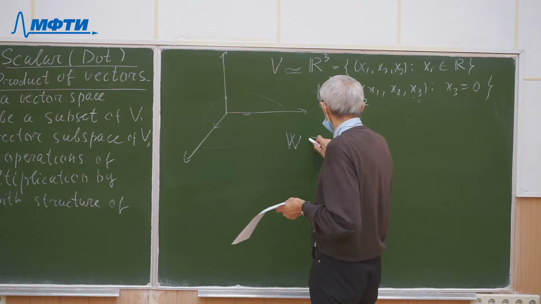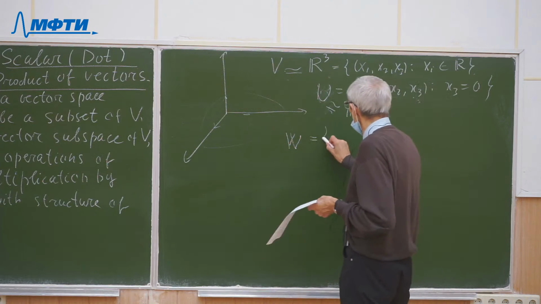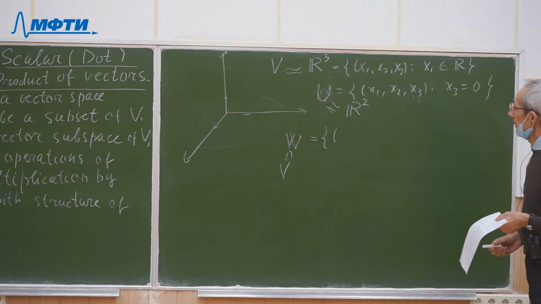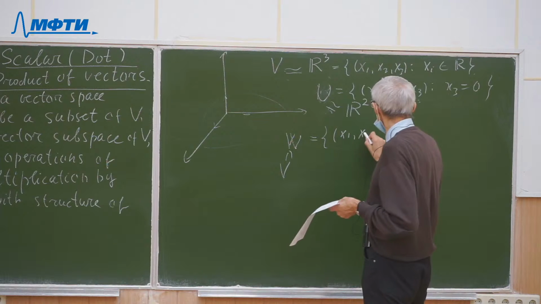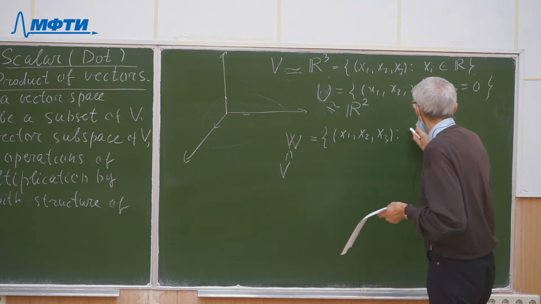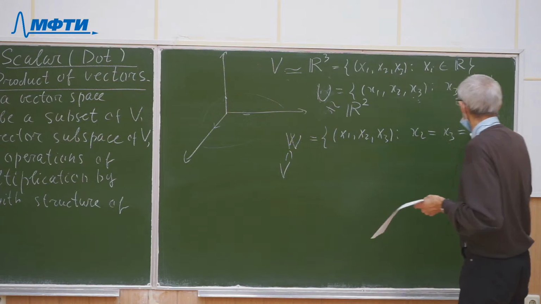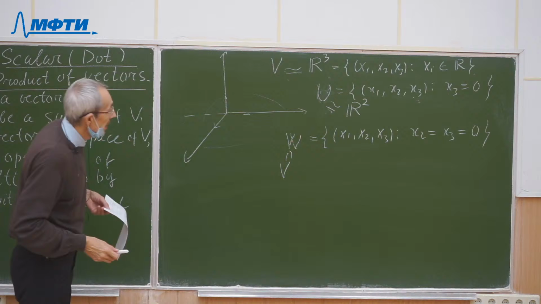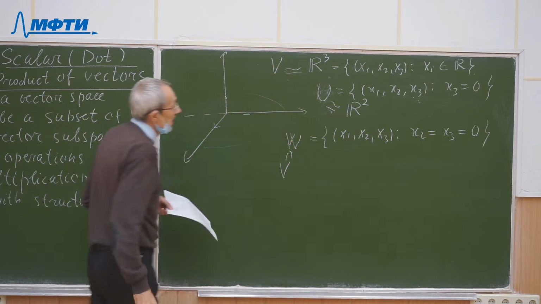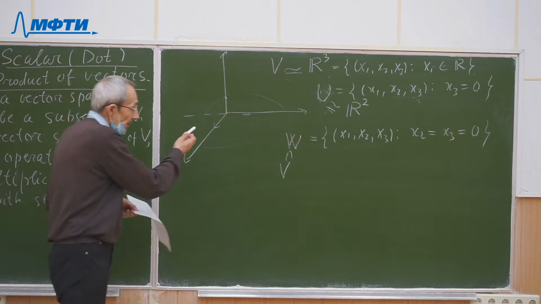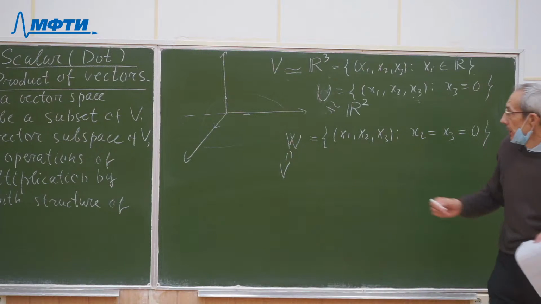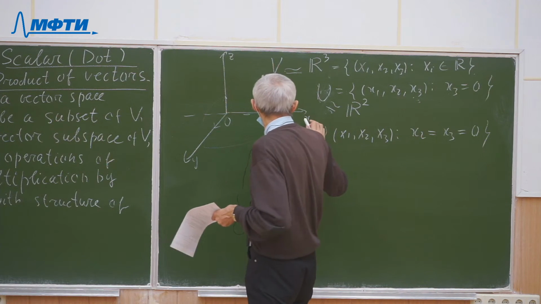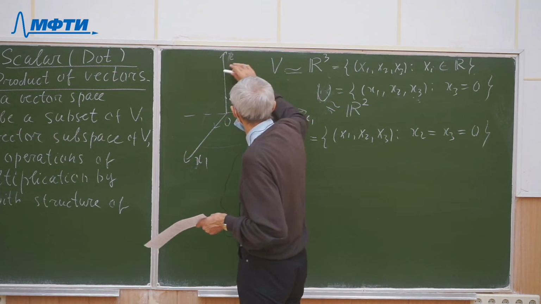Let's consider the set W, the subset of V, the set of triples x1, x2, x3 such that x2 is equal x3 is equal 0, and in this case we can consider this subset as a set of vectors which are parallel to the axis Ox1.